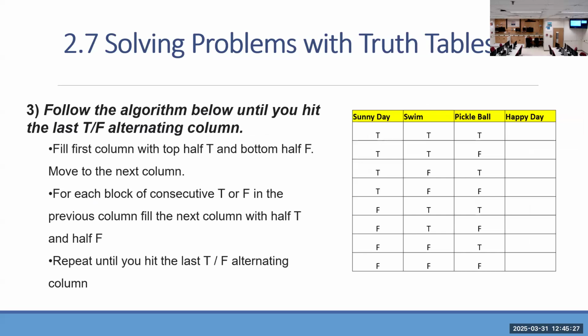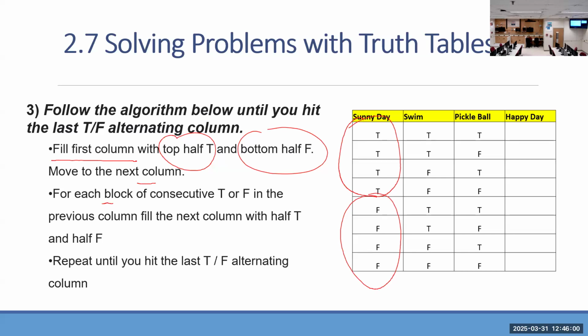Now, you have to follow the algorithm until you hit the last column. For the first column, the top half is T and the second half is F. That's why, with 8 rows, the top 4 are T and the bottom 4 are F. I do the same process and move to the next column.